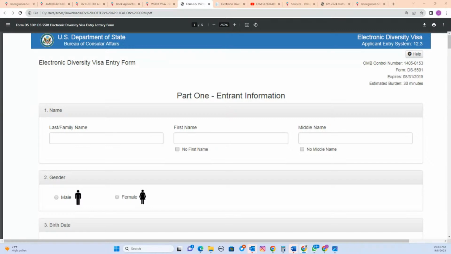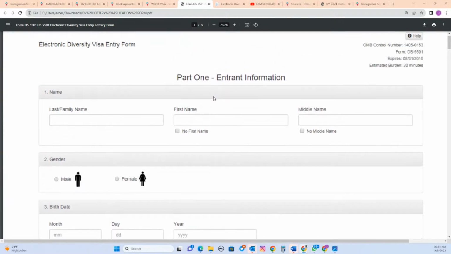So if you are married, part two will open. If you have children, part two will open. But if you are not married and you don't have children, that means you apply as unmarried with no dependents. So it will be just part one, no part two.